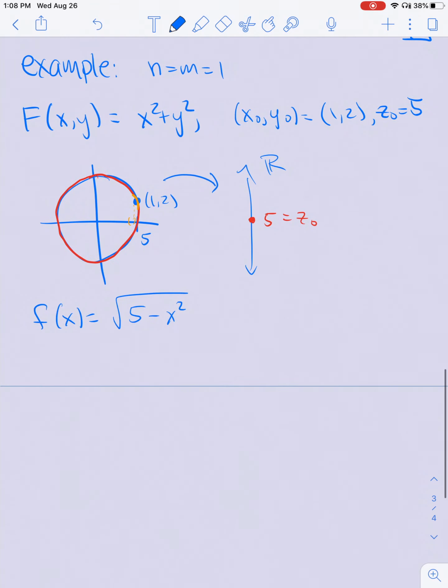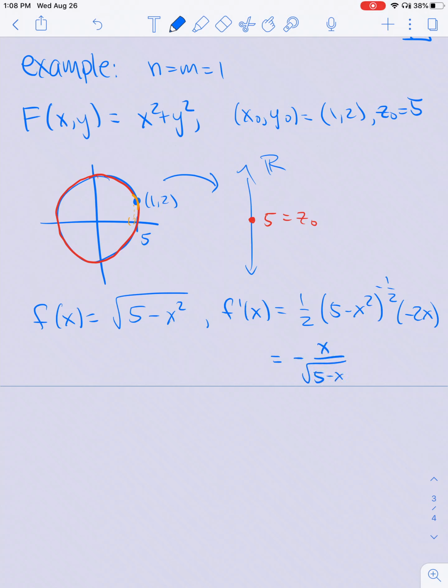And if I want to compute its derivative, f prime of x is 1/2 times (5 minus x squared) to the negative 1/2 times negative 2x. So this should all work out to be negative x divided by root of 5 minus x squared. And in particular, f prime at 1 is negative 1/2, because 5 minus 1 is just 4.